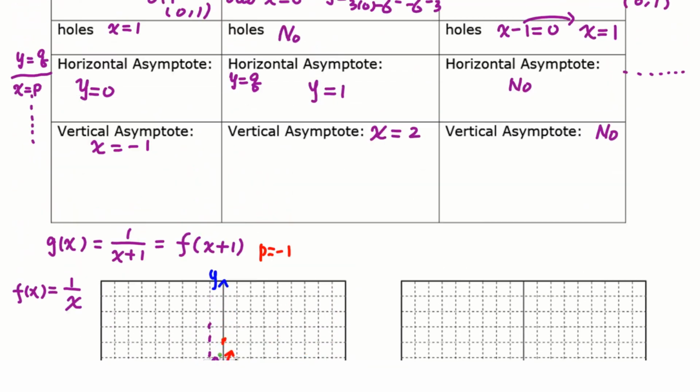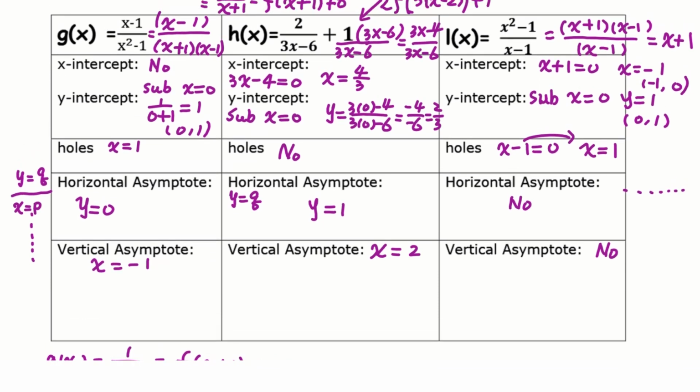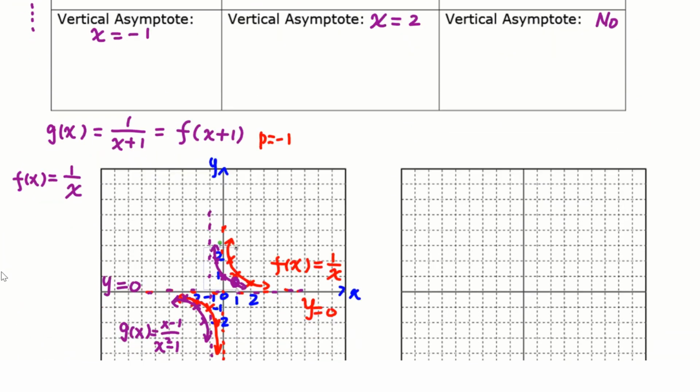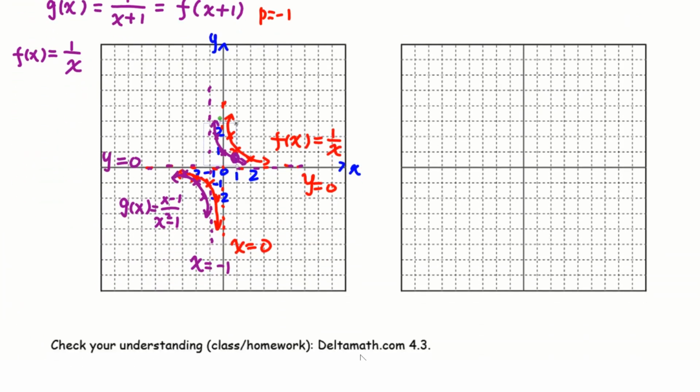Then the next one is h at x equals 2 over 3x minus 6 plus 1. So we are going to graph it on the next graph. So we are going to draw the parent function first. This is x, this is y-axis, then go by 1, 2, 1, 2, negative 1, negative 2, negative 1, negative 2. Then we draw the asymptote.